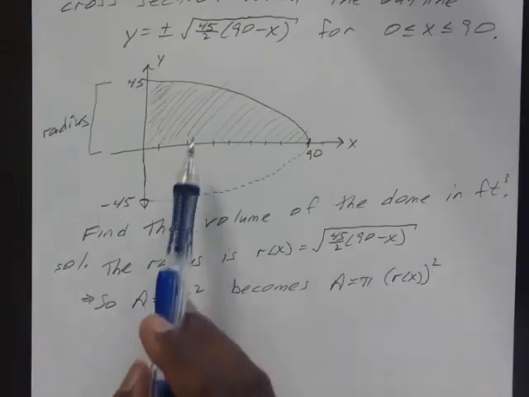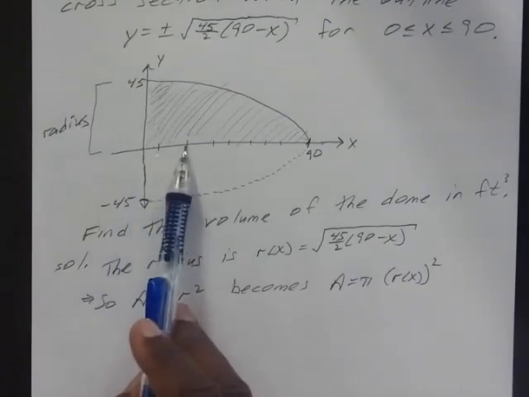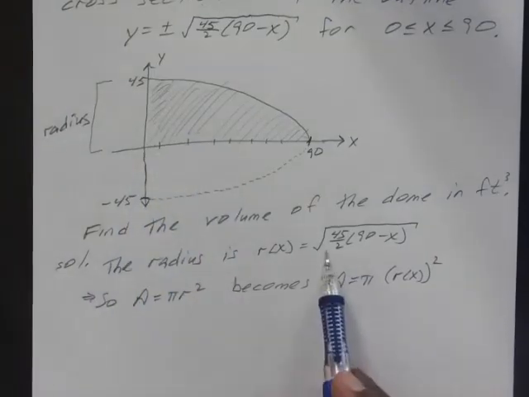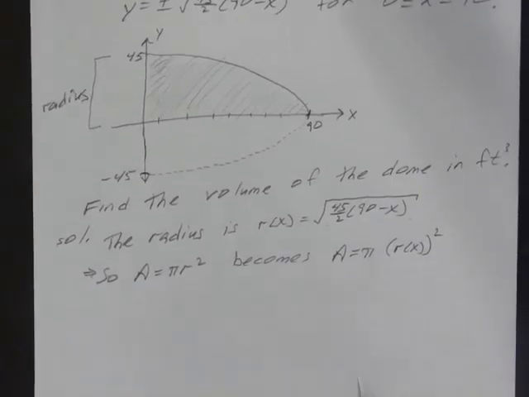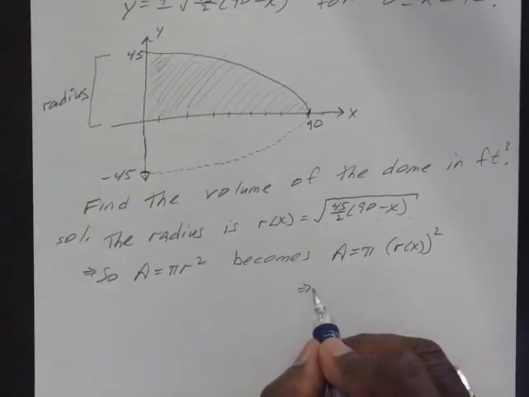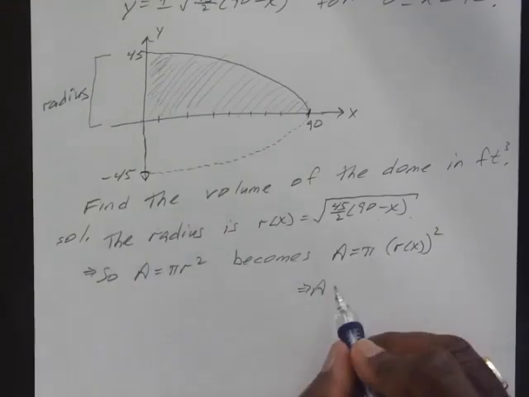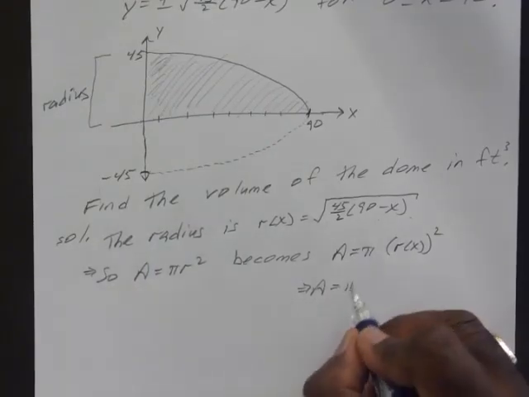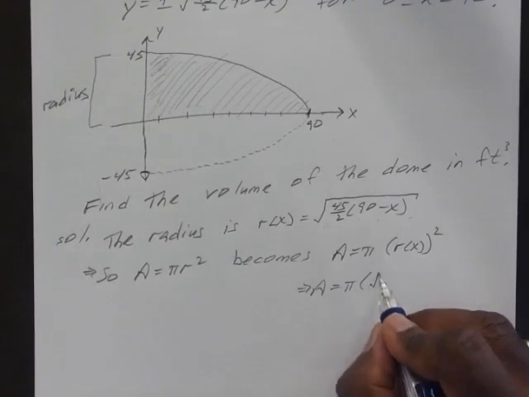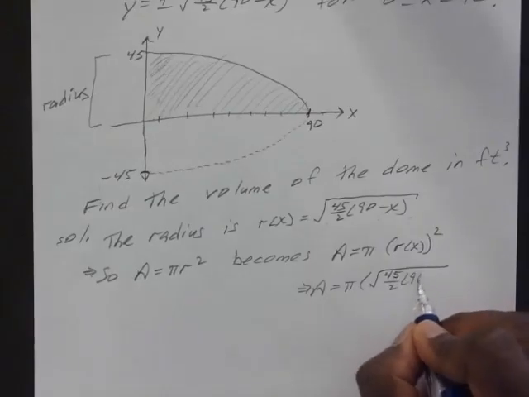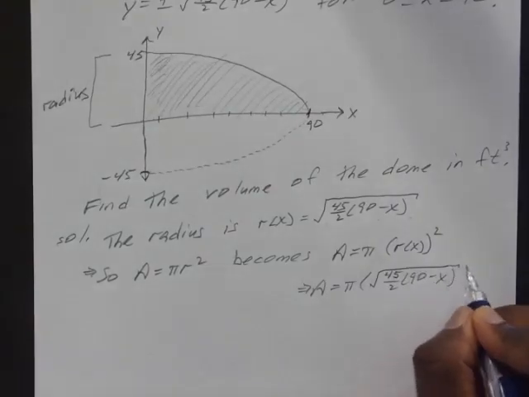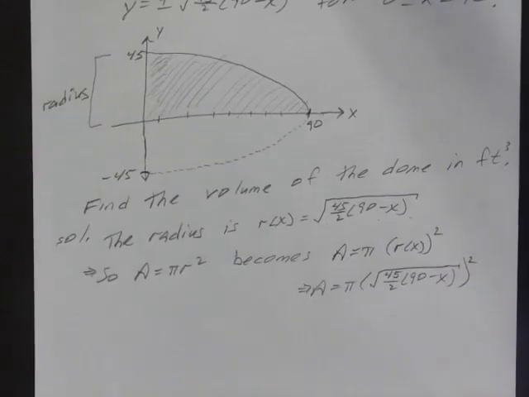Okay, well, we know the function of the radius, depending on the x value, is the square root of 45 divided by 2 times 90 minus x. So that means your cross-sectional area would be pi times the square root of 45 divided by 2 times 90 minus x, squared.